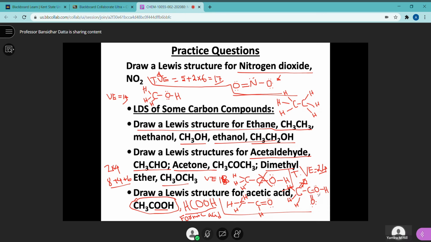Could that double bond go between any part of the carbon? This oxygen, if you put this double bond, then you have to take this single bond away and put it right here. Yeah, you can do that. The arrangement doesn't matter, as long as carbon has a double bond to oxygen and OH.